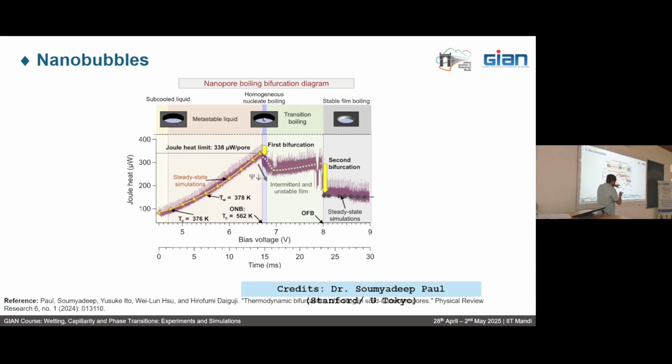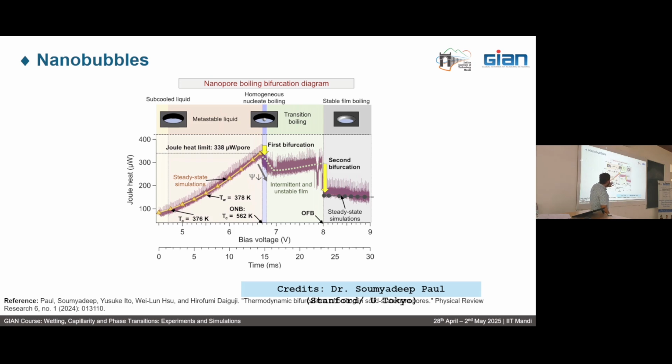So when we put a certain voltage across this nanopore, there is a flow of ions. And because this nanopore is so small, its radius maybe 150 nanometers, because of the resistance to the flow, we observe a massive Joule's heating happening here. And that Joule's heating is so localized that we observe the homogeneous nucleation before the heterogeneous nucleation.